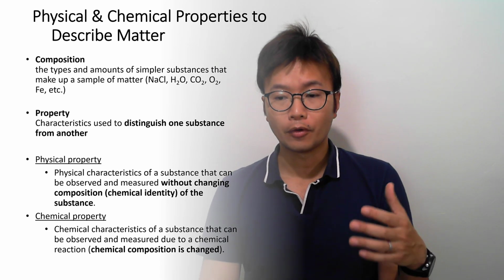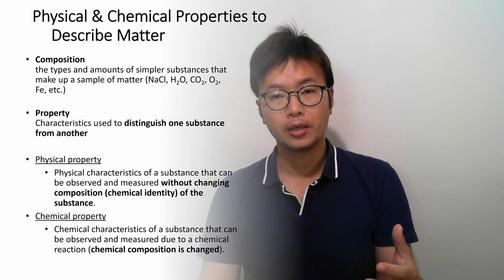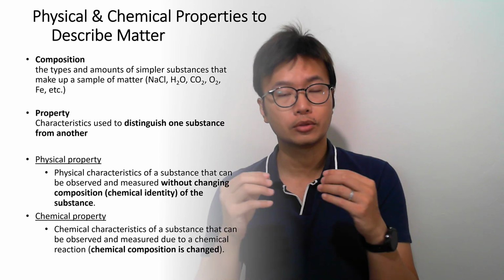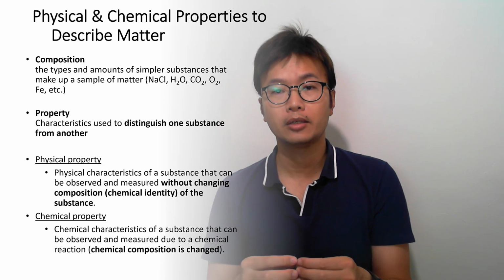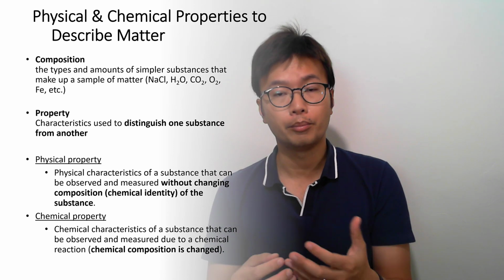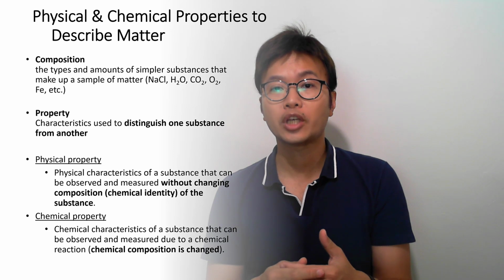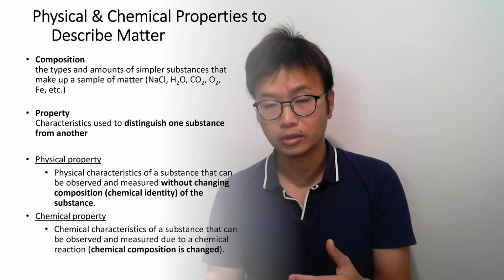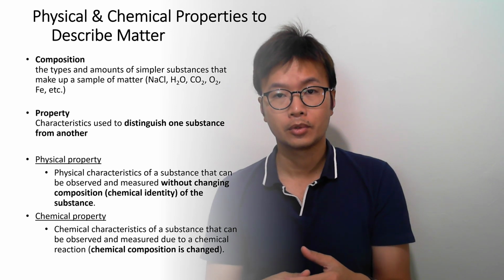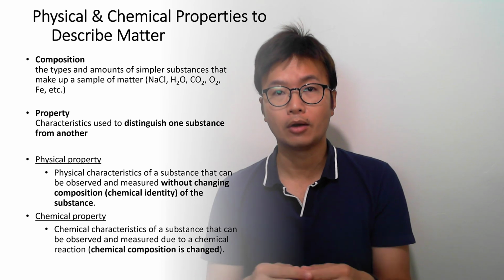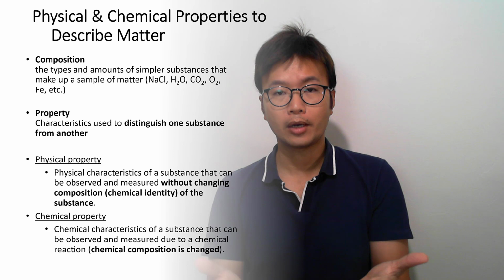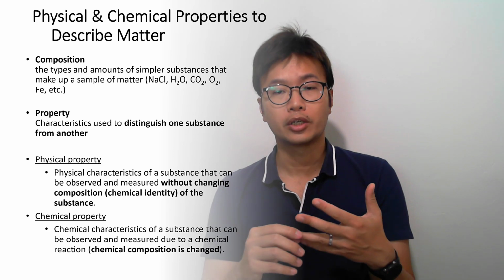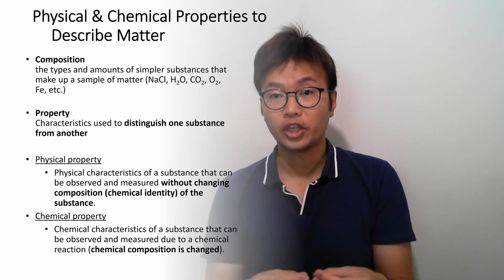Well, physical properties are the characteristics that we can observe or measure without changing the composition of the substance. If you think about a copper metal, you look at a piece of copper metal, you can talk about the color, you can talk about the shape.